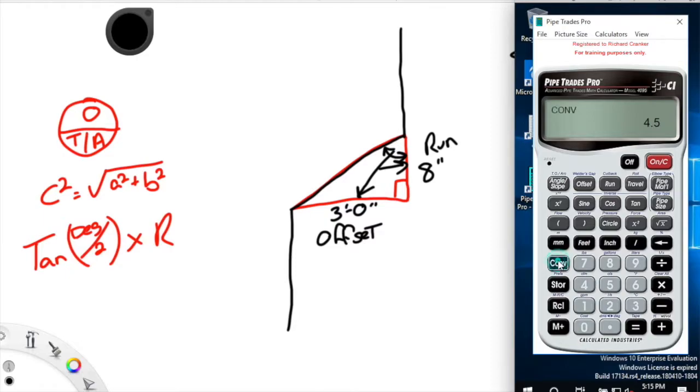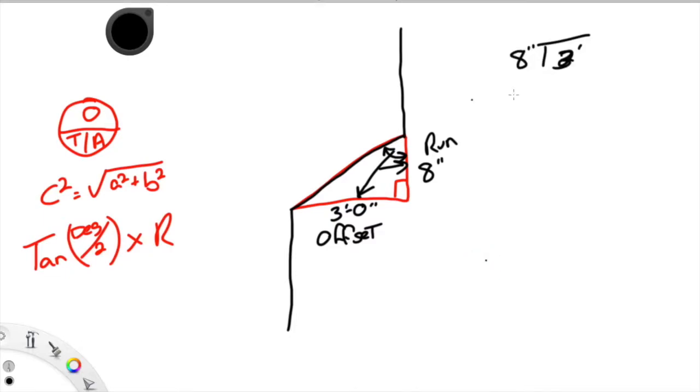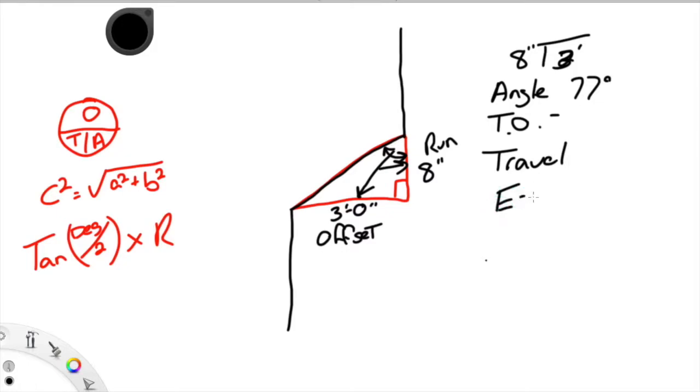We need to convert that to an angle. Gives us an angle of 77 degrees. Okay. Angle 77 degrees. And we gotta get our takeoff, our travel, and our cut length or end-to-end measurement.